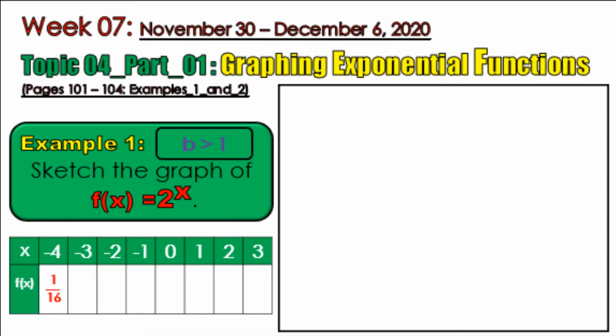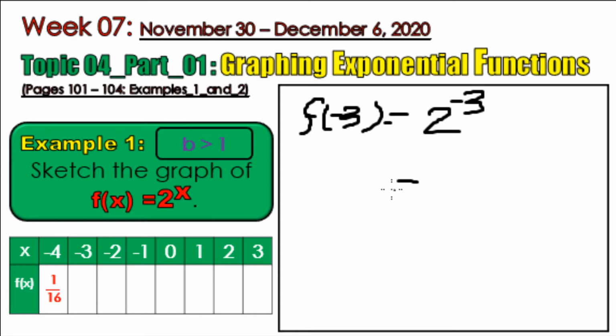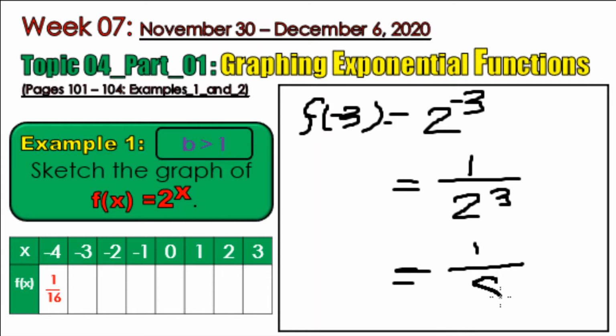Let us proceed if our x is -3. f of -3 is equal to 2 raised to -3. We have the negative exponent, so this will become 1 over 2 cubed, and 2 cubed is equal to 8, so 1/8.